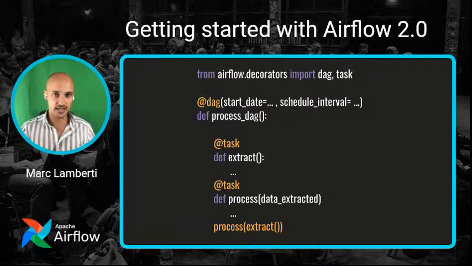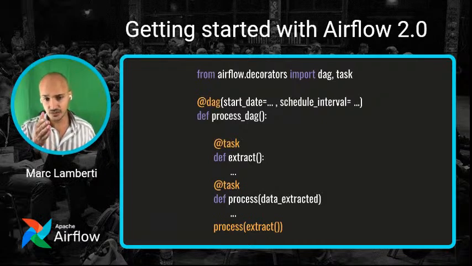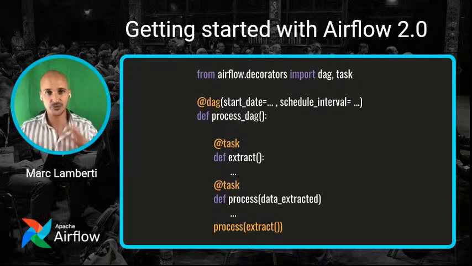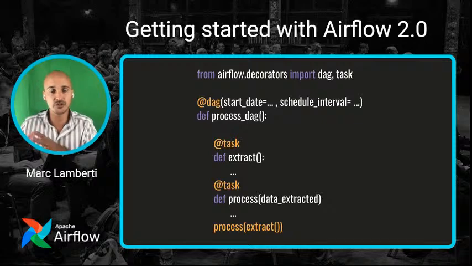Well, with the TaskFlow API, if you use the task decorator, you can define your dependencies exactly like what you can see below. So for example, let's say extract data produces some data that you want to process. Well, you create an XCOM and you put your data into that XCOM.